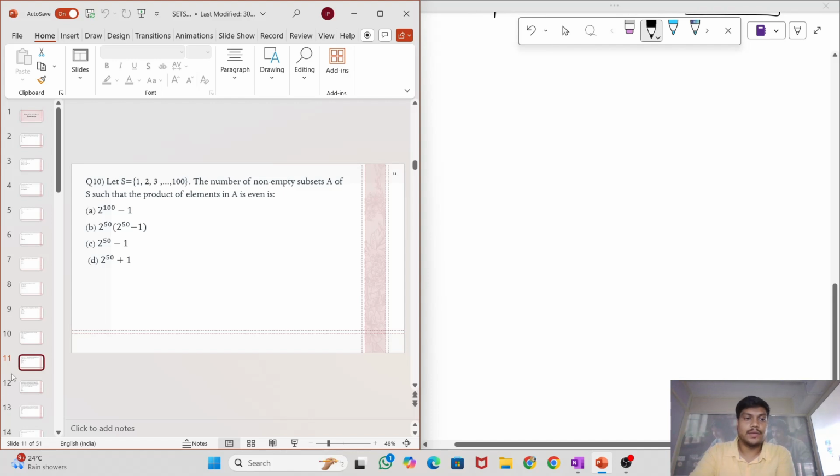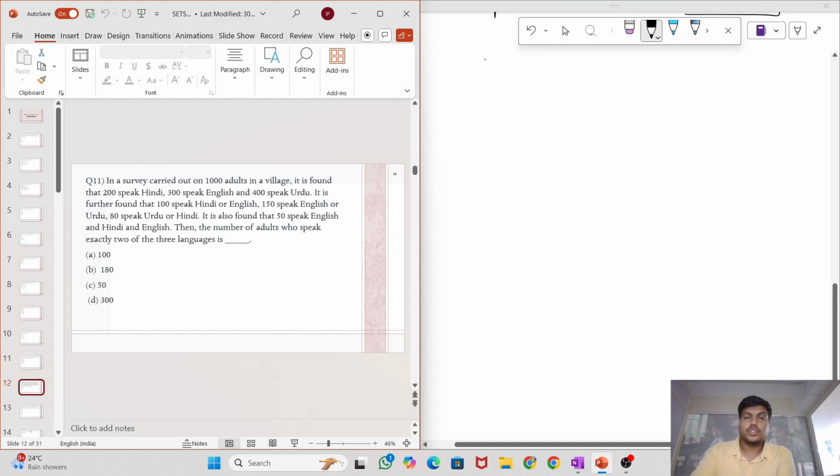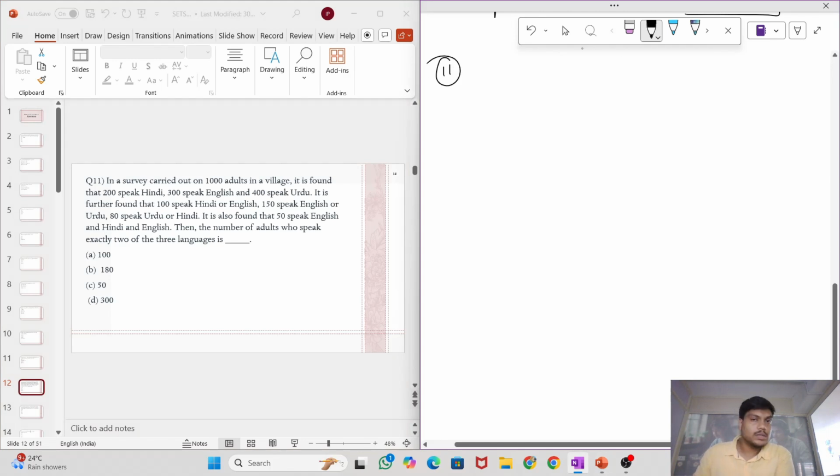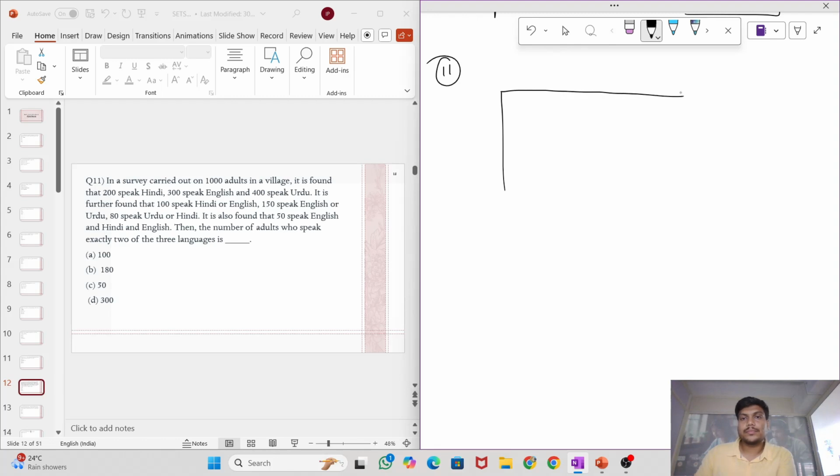Question number 11. Question number 11 states that there are in total, we'll solve this one using Venn diagrams. Let's suppose this is our whole village, that is our universal set, that means 1000 adults.